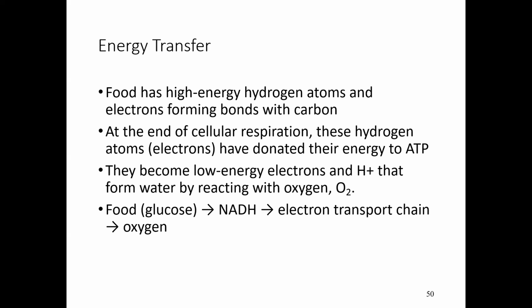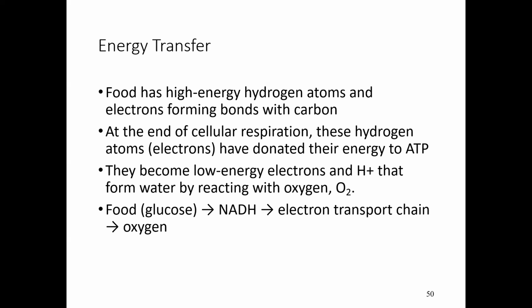So we eat a Snickers bar, an apple, a banana, a carrot, a Whopper, or a quarter pounder, or steak or chicken, or drink a glass of milk, or eat ice cream, anything that has energy in it. So all of our food contains high energy bonds with high energy electrons.